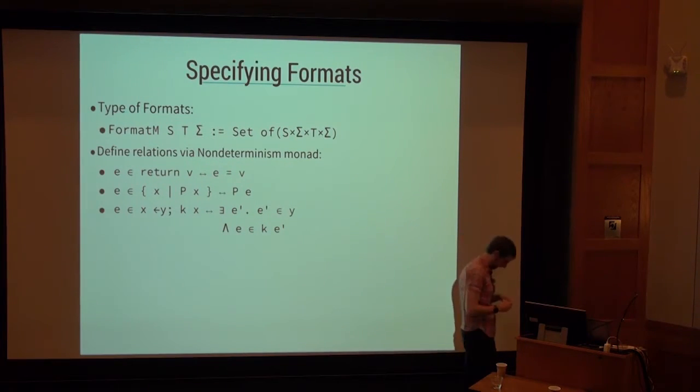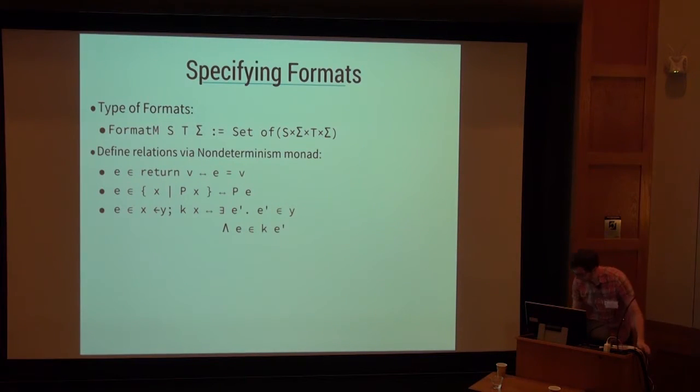So it sort of composes sets together, as you probably expect. And then finally, we have this choice operator that's specific to this monad that I mentioned before, and it's just inhabited by all of the values that satisfy some defining predicate P.